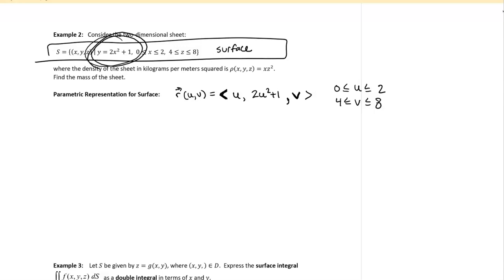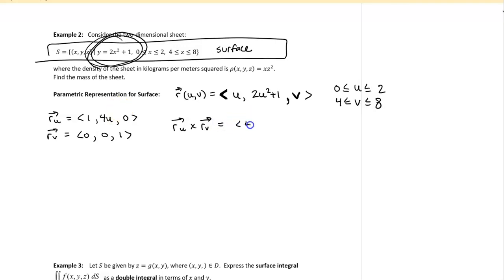Just like before, if we're going to take this surface integral, we need to find our partials. So let's do the derivative with respect to u, which would be 1 for x, 4u for y, and 0. And then our partial with respect to v, which would be 0, 0, 1. That's pretty easy. Taking the cross product right here, I'm going to try to do this one without writing down the determinant.